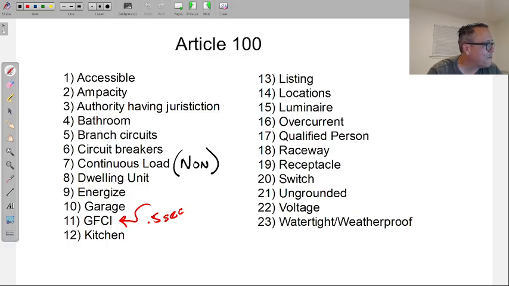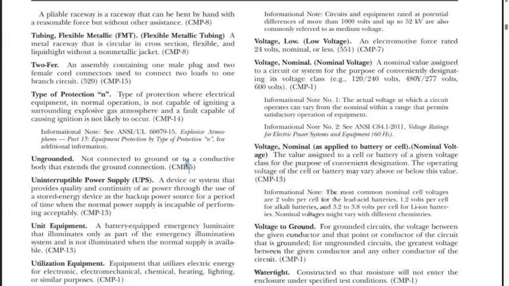All right, let's go over to ungrounded. Ungrounded. Now, sometimes they just go in excess of what they need to explain. Ungrounded: not connected to ground or to a conductive body that extends the ground connection.